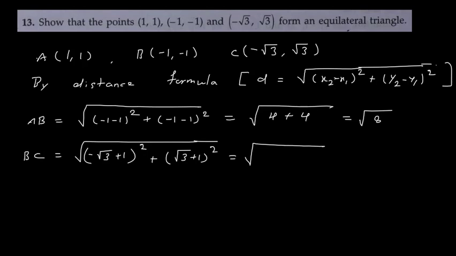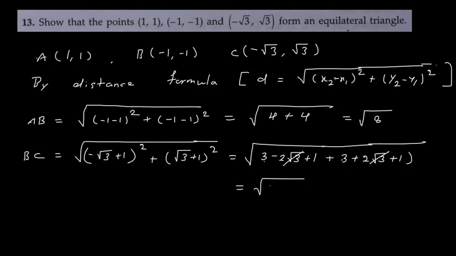So here, minus root 3 square is 3, minus 2 root 3, plus 1, then plus here it is 3 plus 2 root 3 plus 1. You know what (a + b) the whole square and (a - b) the whole square are. So now this minus 2 root 3 and this plus 2 root 3 will cancel. This is 3 plus 1, 4, and here also 3 plus 1, 4. So here we have square root of 4 plus 4, that is again square root of 8.